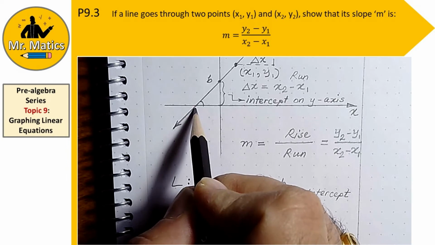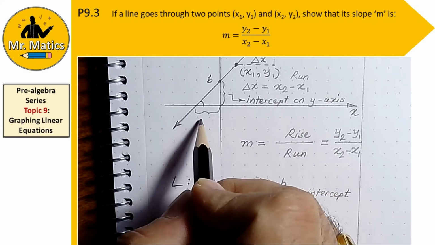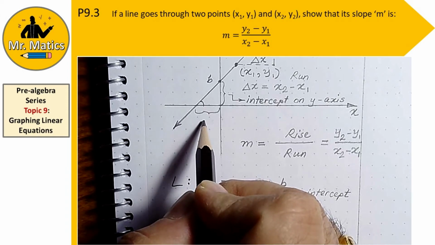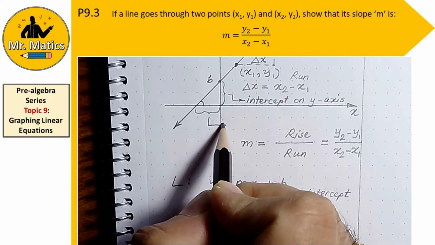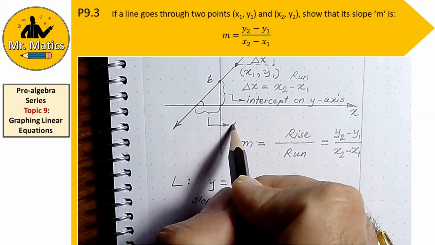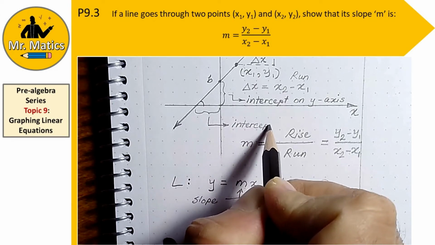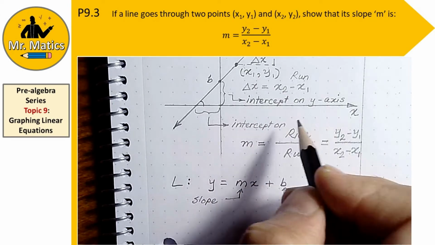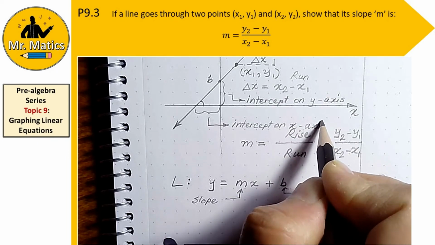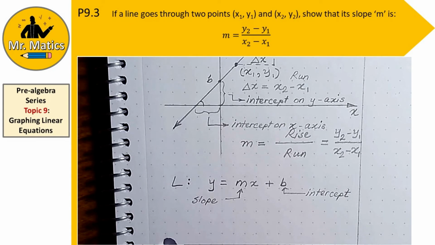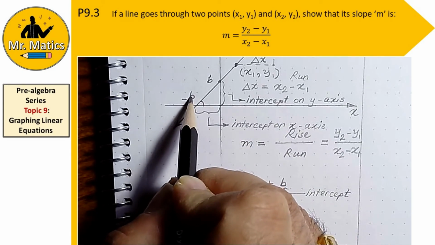So this x-intercept, let's call this on x-axis, and this value is minus b over m.